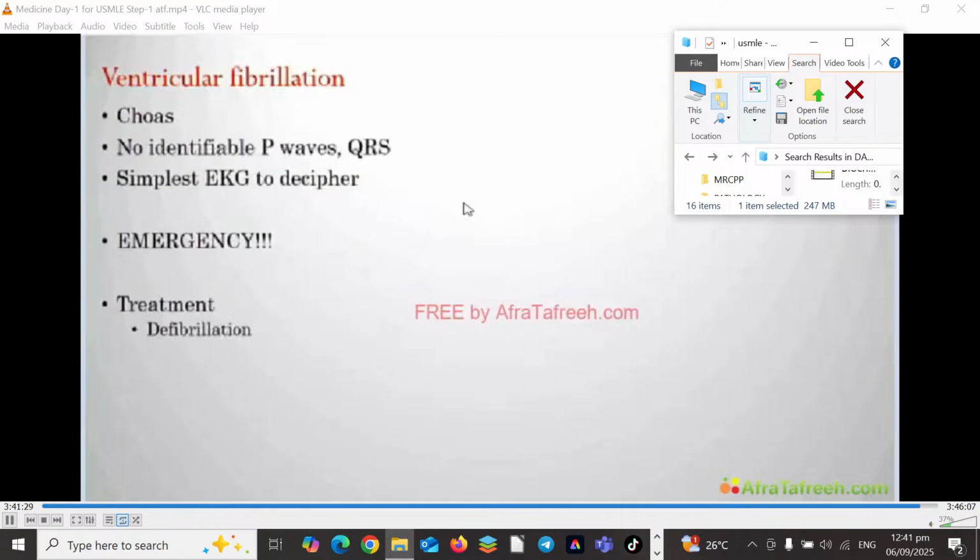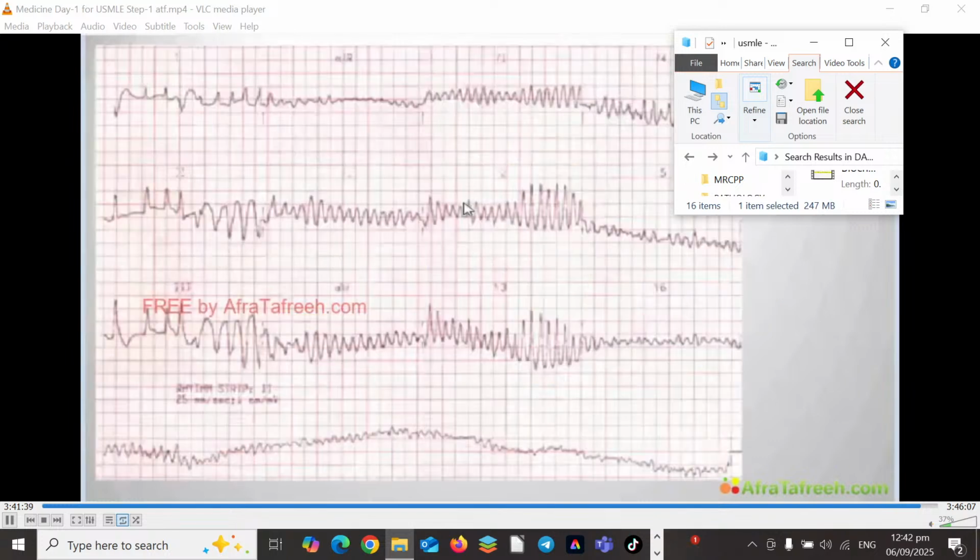It is the easiest EKG to decipher just because there is so much chaos in it. There is so much chaos that the patient can never have a normal rhythm. Okay? So it is simple. Treat it, shock it. In any arrhythmia, if there is hemodynamic compromise, your drugs are useless.